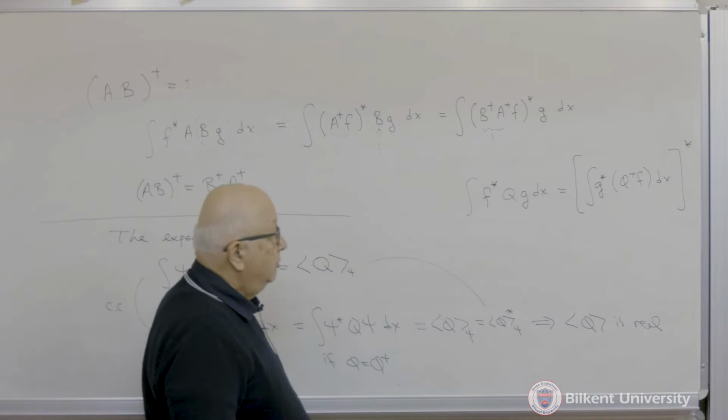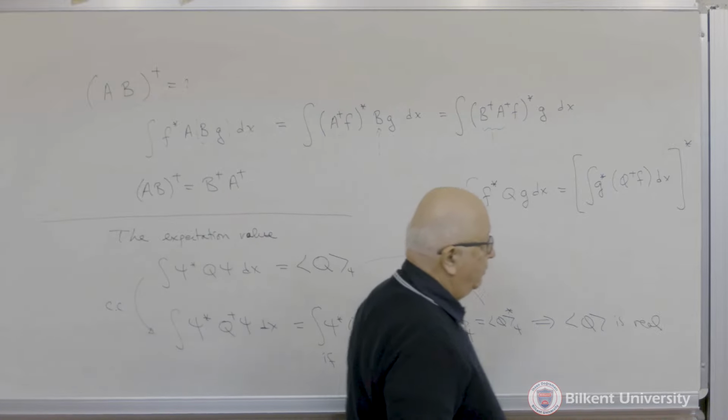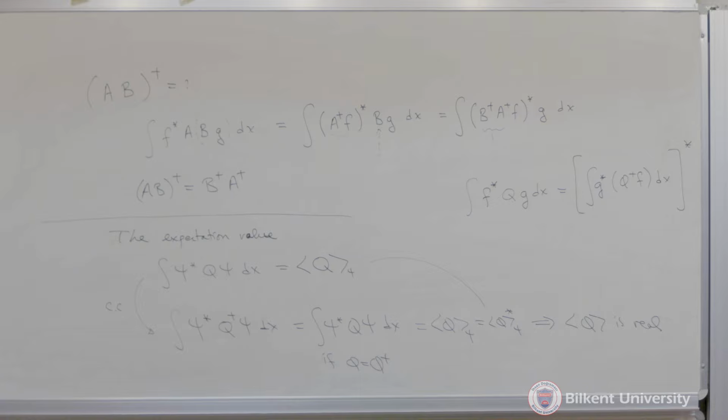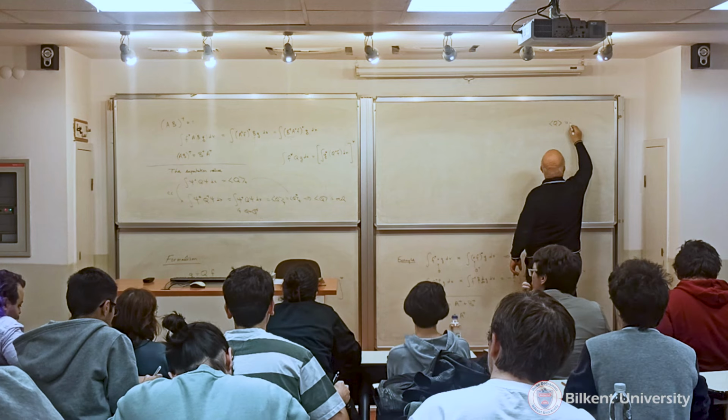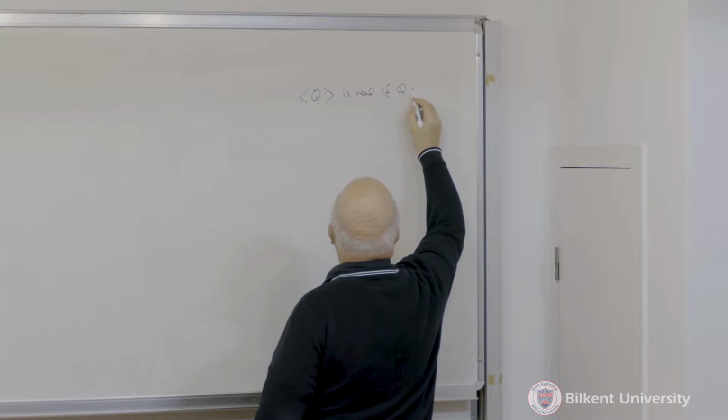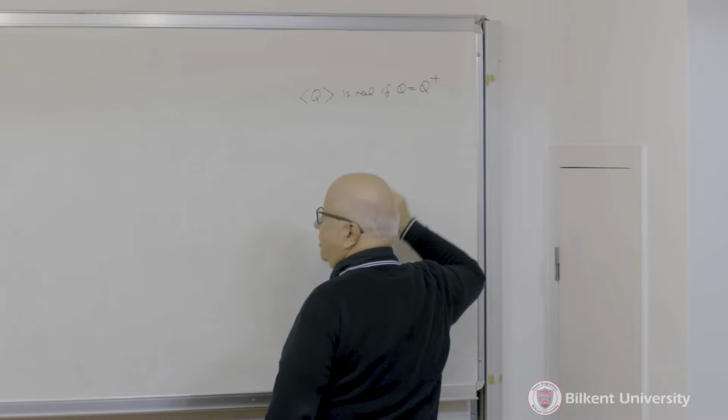Maybe we should start making a table of properties of these Hermitian operators. The expectation value of Q is real if Q equals Q dagger.